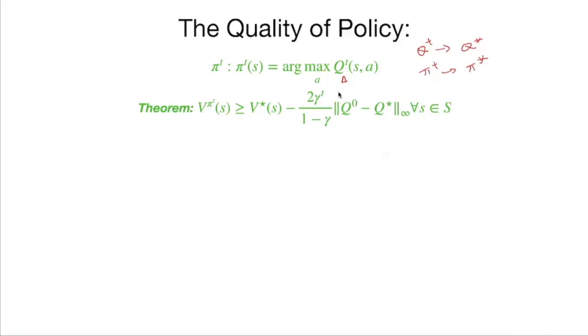And this theorem confirms our educated guess from the previous slide. This theorem says that if I use the argmax operator with respect to the estimator Qt as my policy, and then I compute the value function of this policy pi t and compare it against v star, the value function for the optimal policy, then the difference between these two value functions scales with gamma to the power t.